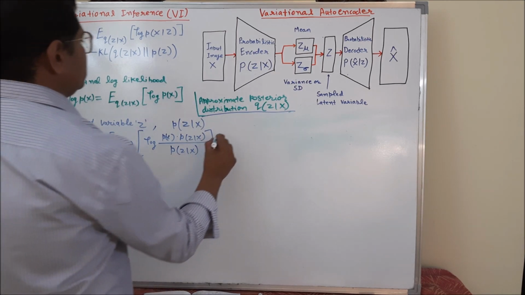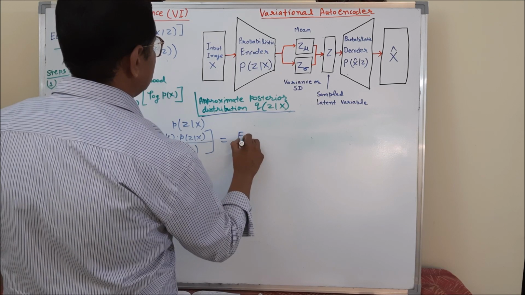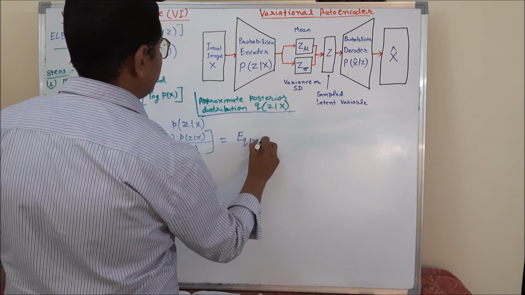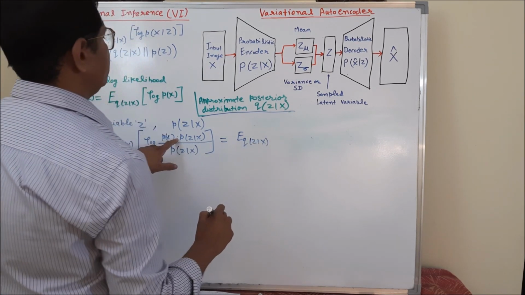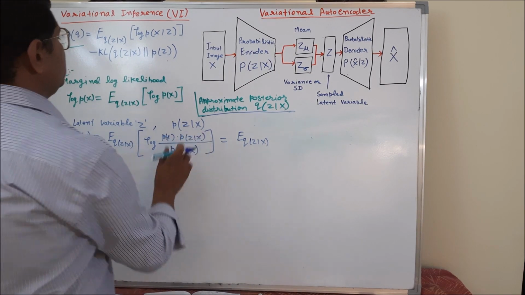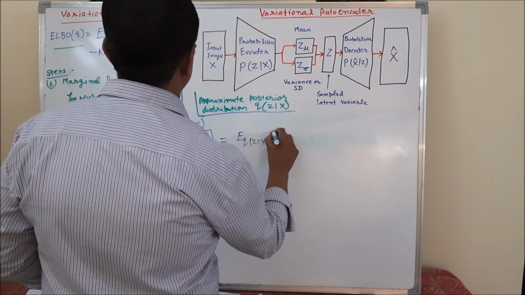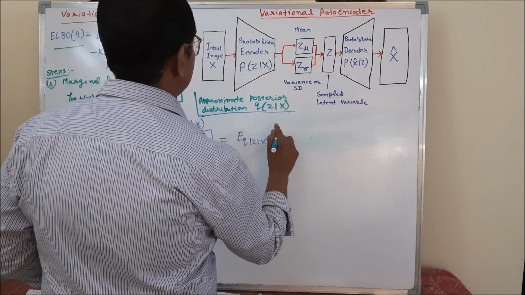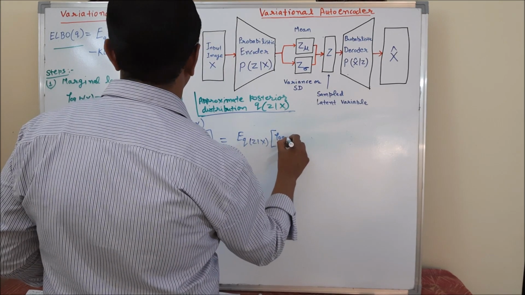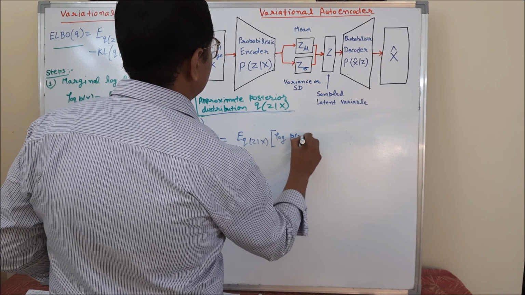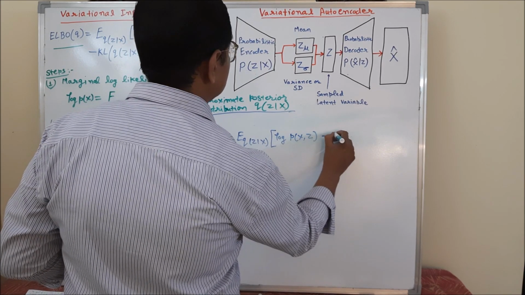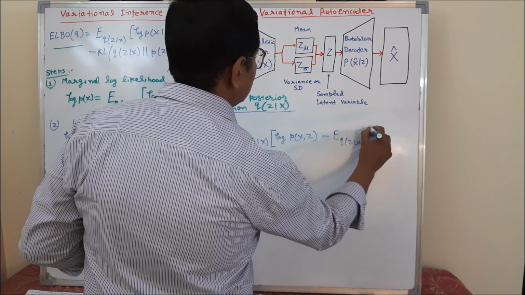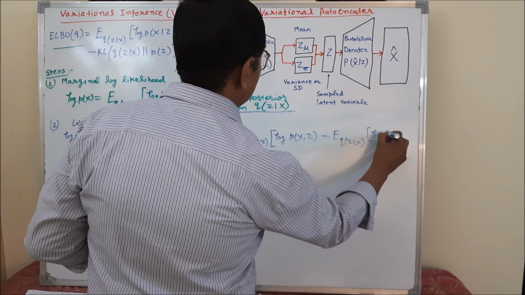Now this results in the joint probability, so it will be log P(X, Z) minus log of the posterior.